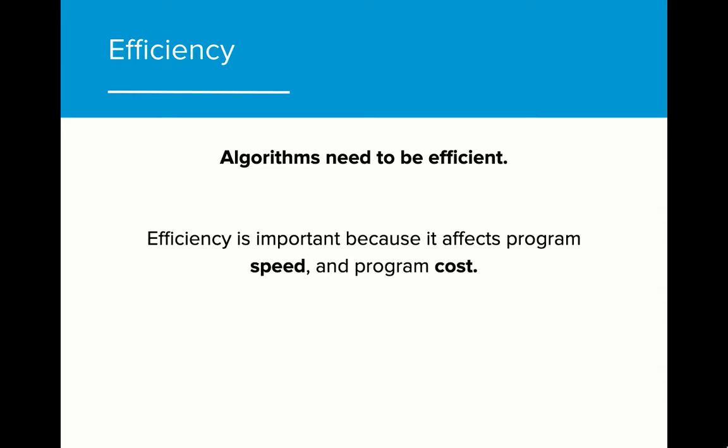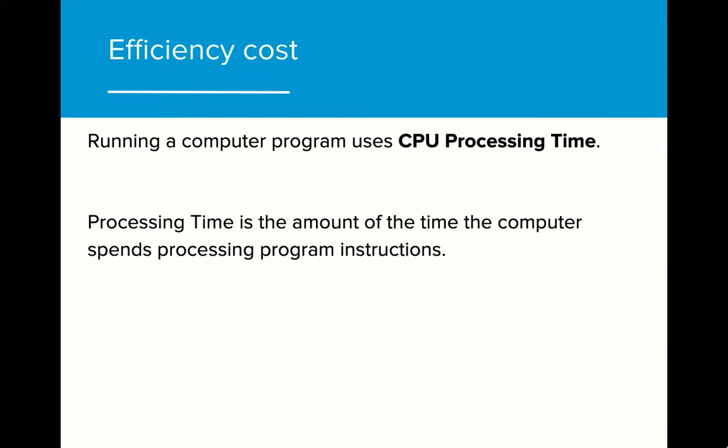Efficiency is important because it affects program speed and program cost. Let's dive into what that means. In order to understand efficiency, we need to understand how a computer reads programs. When a computer program or file is run, it uses CPU processing time. The CPU, or Central Processing Unit, is the electronic circuitry in the computer that carries out instructions.